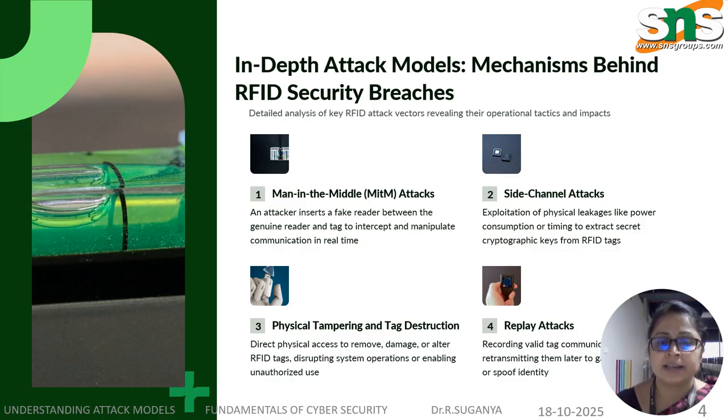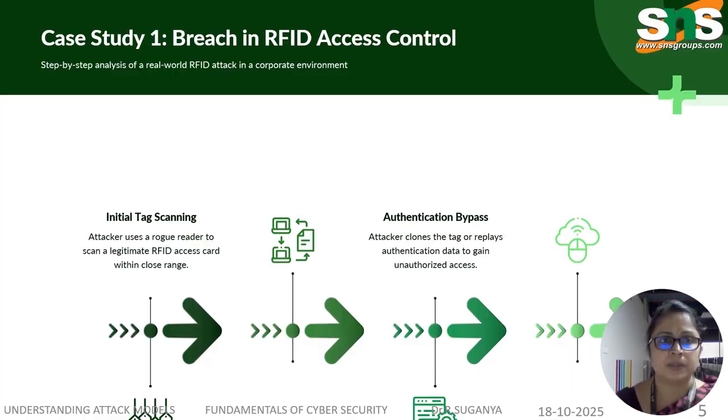Replay attacks: recording valid tag communication and retransmitting it later to spoof identity, that we call replay attacks. Next, there is initial tag scanning: the attacker uses a rogue reader to scan a legitimate RFID access reader at close range. Authentication bypass: an attacker clones a tag or replays authentication data to gain unauthorized access. So these are the things that we are going to cover.